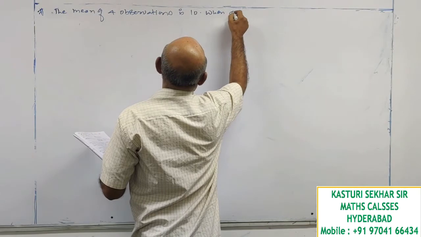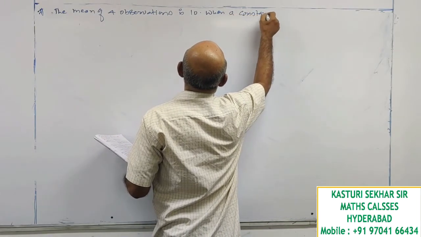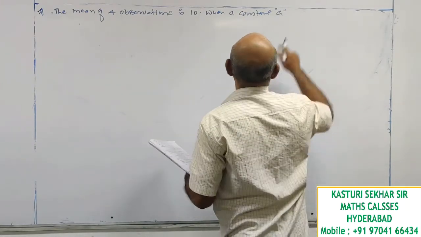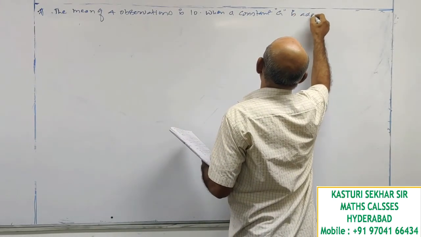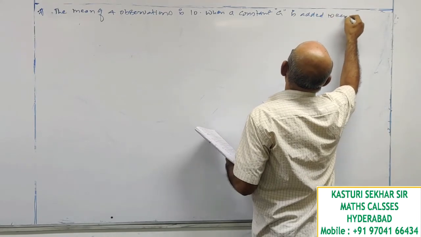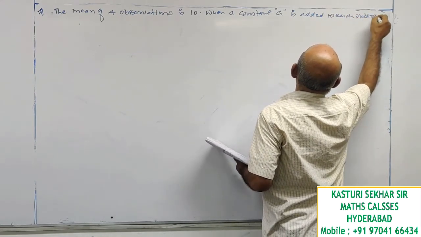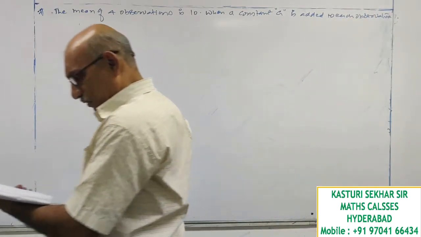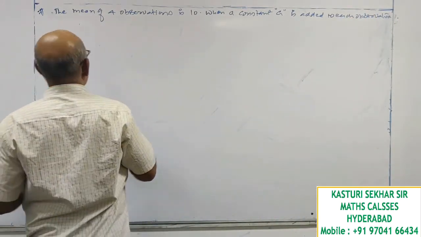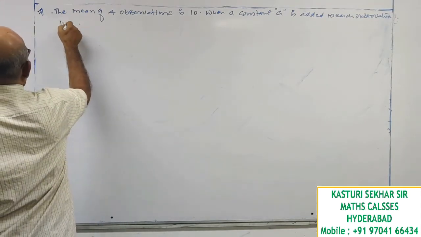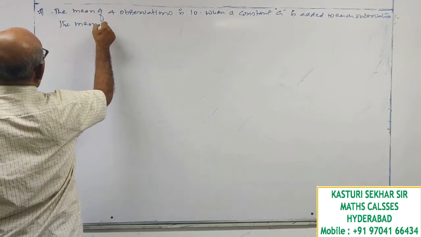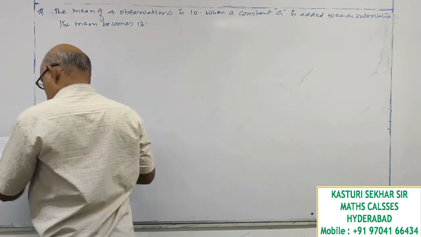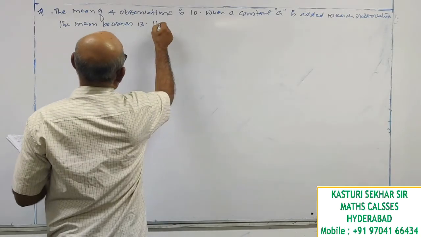When a constant A is added to each observation, the mean becomes 13. The value of A is?